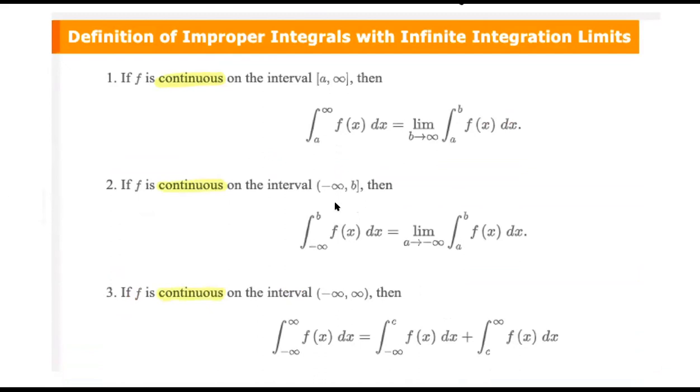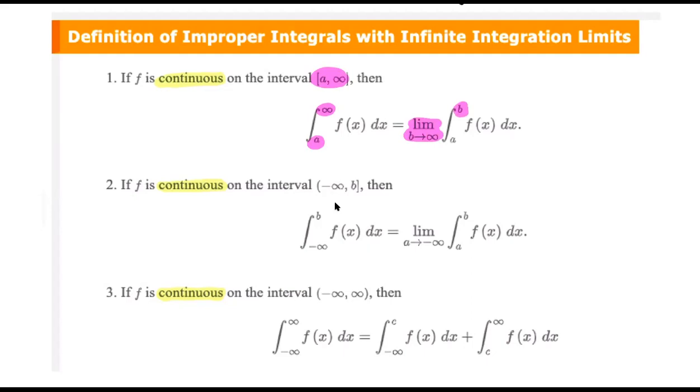So in the first case, we have from a to infinity. All right, so we start at a, we go to infinity. The way we approach this is, and someone mentioned it earlier, we are using the idea of a limit. So we're going to say that the area from a to infinity, we can approximate using the limit as b approaches infinity, putting b up at the top.